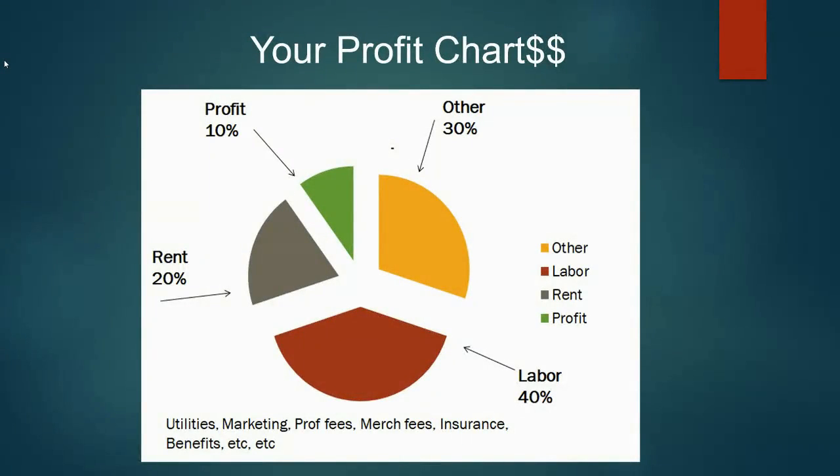This shows 10 to 15% maybe going to profit, 20% going to rent, 40% of our revenue going to labor, and the rest going to what we call other, which would be everything else: utilities, marketing, professional fees, merchant fees, insurance, benefits, you name it. But as you can see, the largest part of where our revenue goes is labor, and 40% is good.